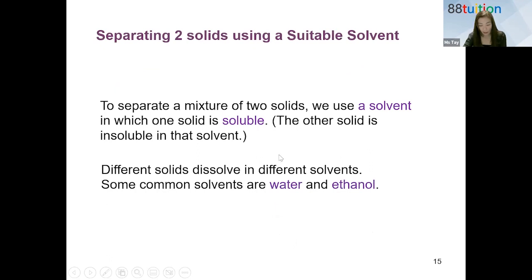Now, this is actually separating two solids. This is their question. Chloe, did you receive the question? Did I send it to you last lesson? There was this particular homework to do. Did you recall? I think so. Later I will show. Don't worry.